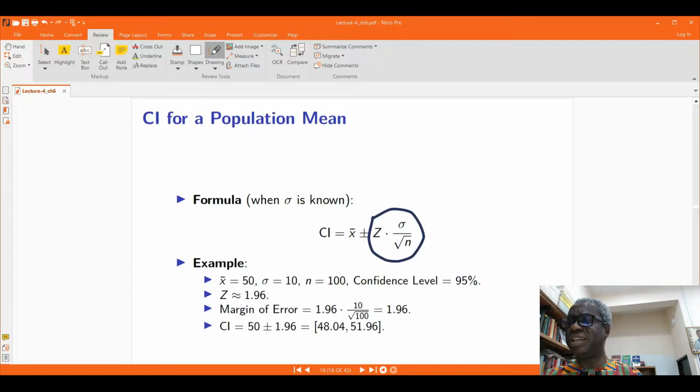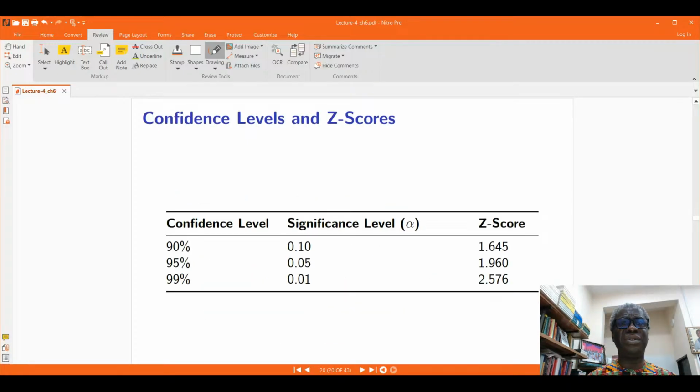And there is a table here which I will quickly show. This table helps us to determine the confidence level and the Z scores associated with it.